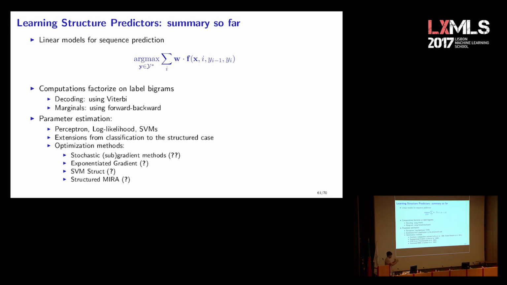Computation of marginals, which beyond gradients has many, many uses, okay? It uses forward, backward, so there are all these advantages of all these relations between factored models and tractable computations of different forms. And then whenever we look at parameter estimation, which are methods and algorithms, they will, in some way or another, require those computations, okay?